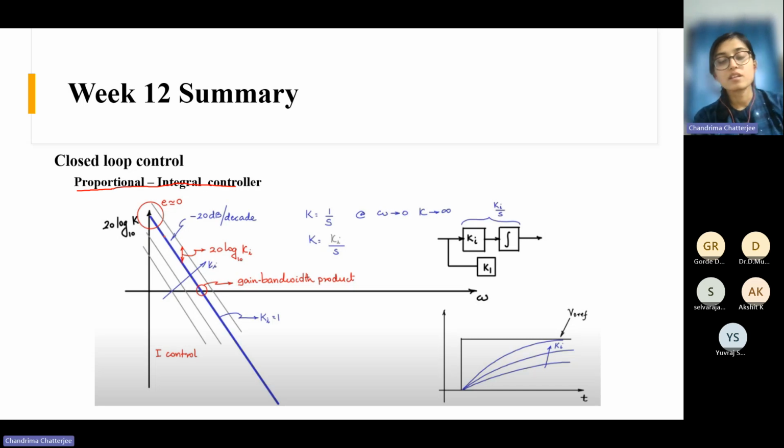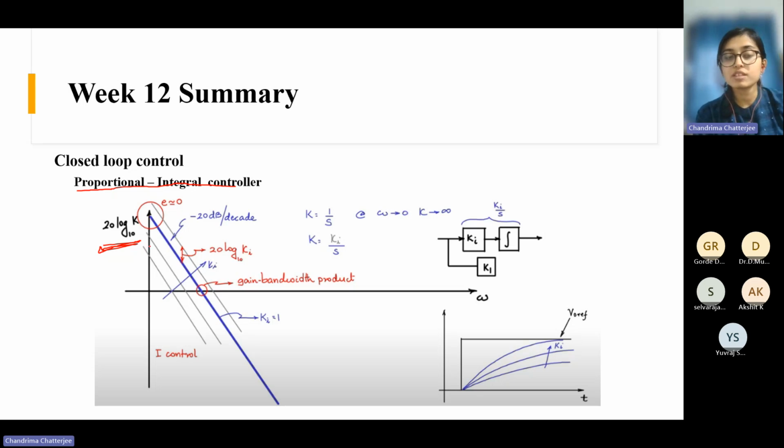So yeah, if you see here again, we have the gain in the y-axis in log scale, and we have the frequency in the x-axis, right? Now, suppose we want this kind of frequency response. So this is good, right? Why?